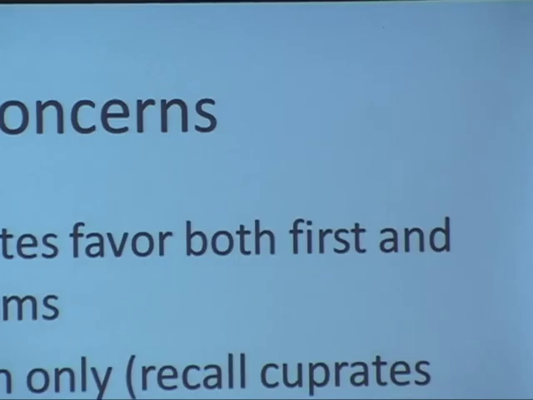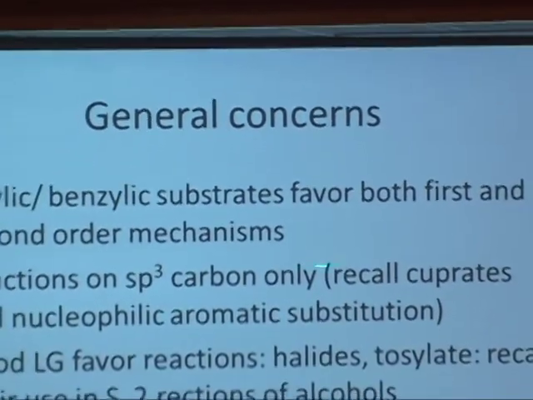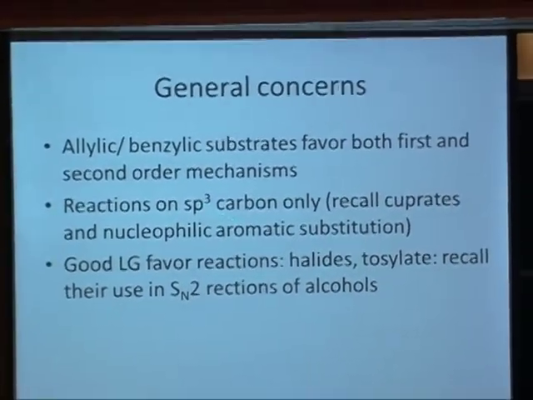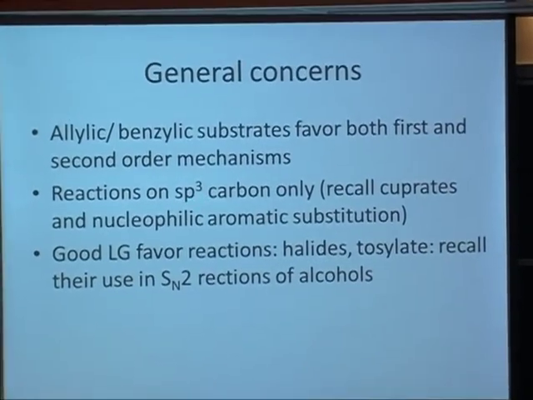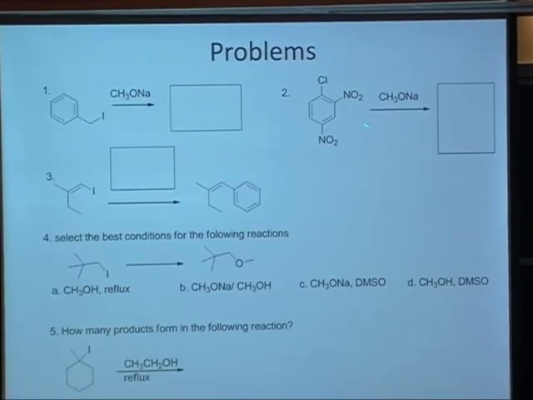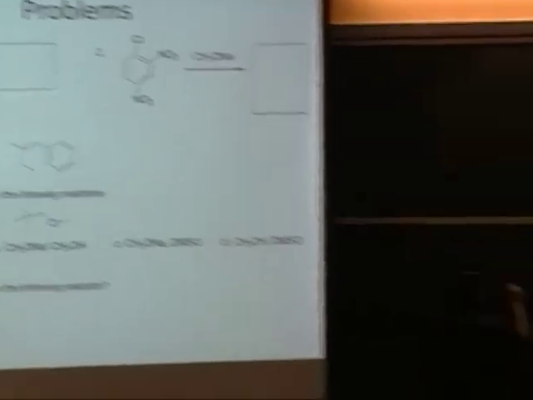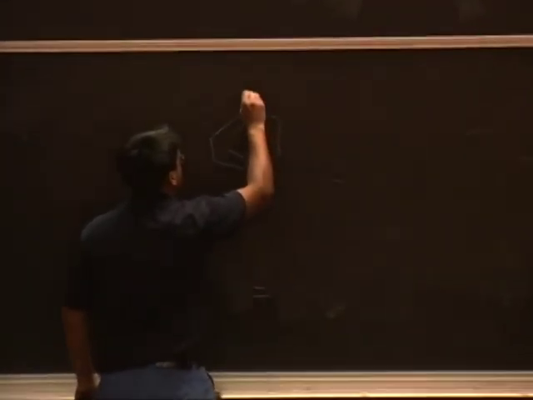As an exception to this rule: that reactions on sp3 carbon, that means substitution, can happen only on sp3 carbon, except for these two cases where you get a formal substitution on an sp2 carbon. This is so deactivated that this nucleophile can actually go in and attack here. This is the nucleophilic substitution on a benzene ring. That's the only case where it will happen. It needs to be extremely deactivated. All right? So remember those two problems.